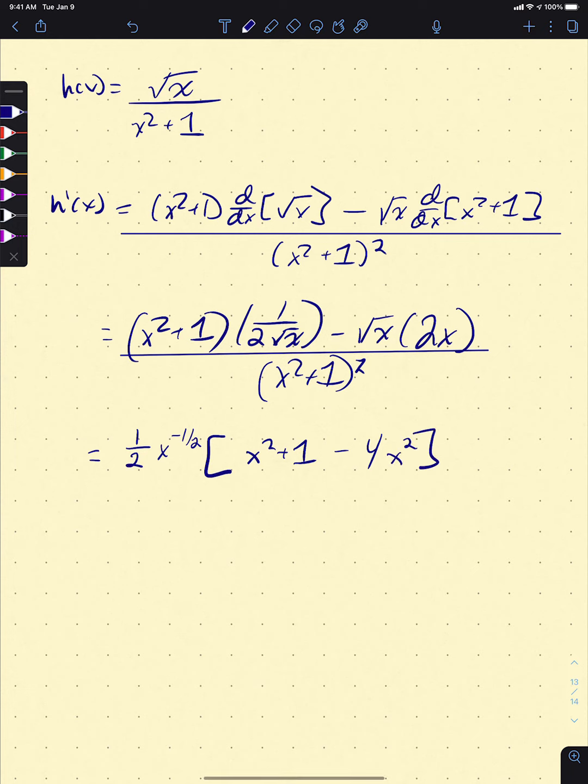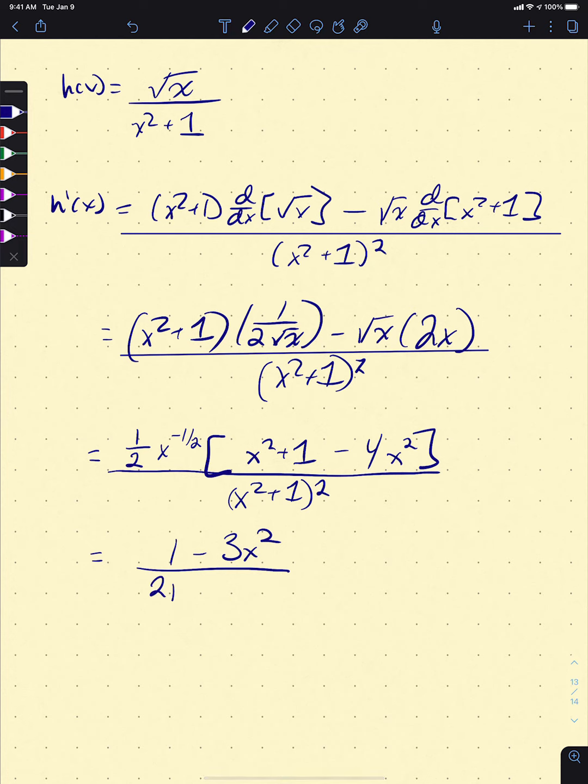It's going to give us x squared, okay? And then all over x squared plus 1 squared. And this act of factoring out allows us to write this a little bit more simply. We're going to have 1 minus 3x squared in our numerator. Then we're going to have 2 times the square root of x times x squared plus 1 squared in our denominator.